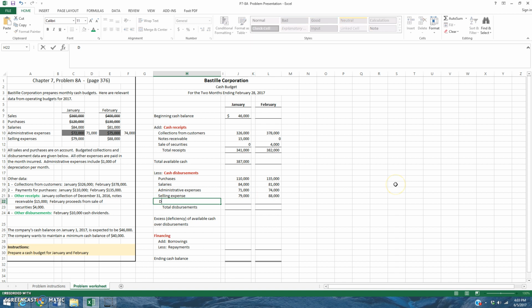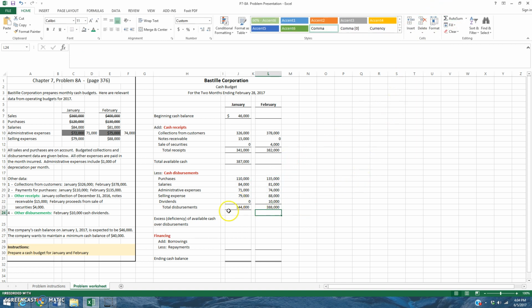So we're going to add dividends, but there were no dividends in January, only $10,000 in February. So there we have all our cash disbursements, and we can total those up.